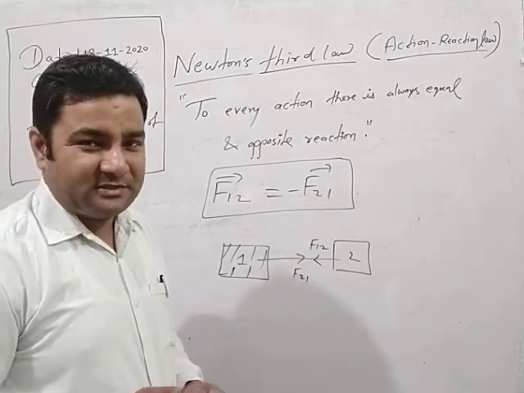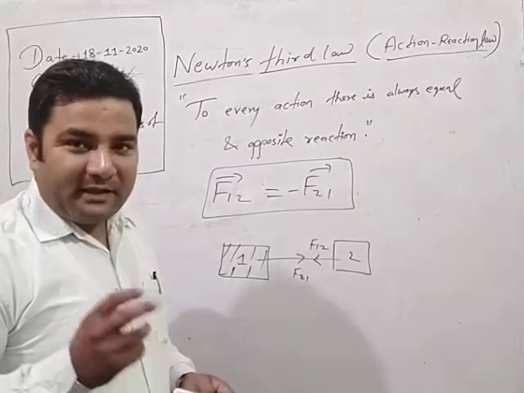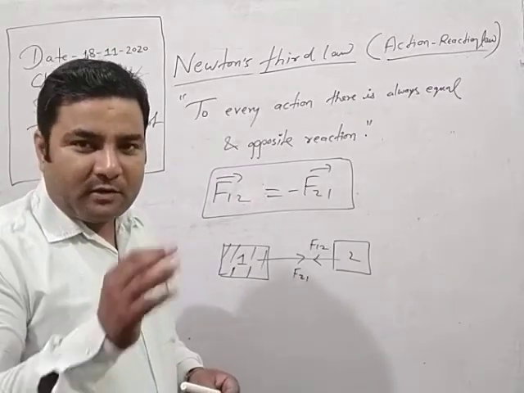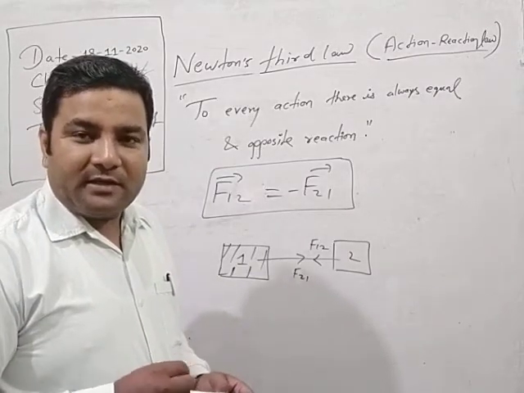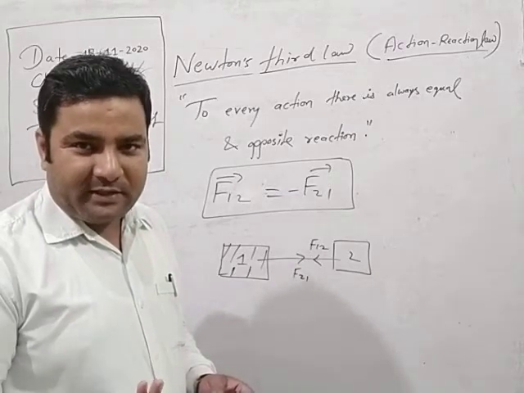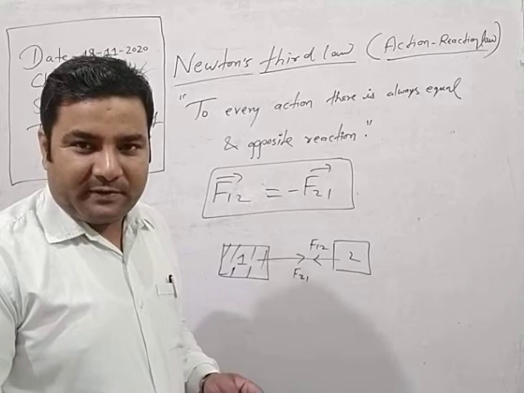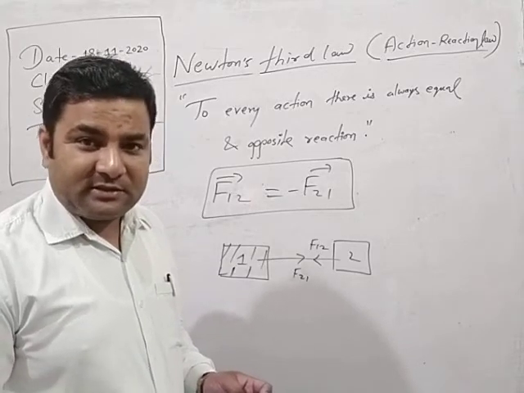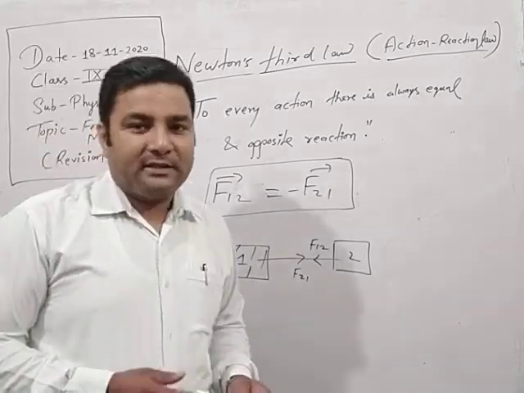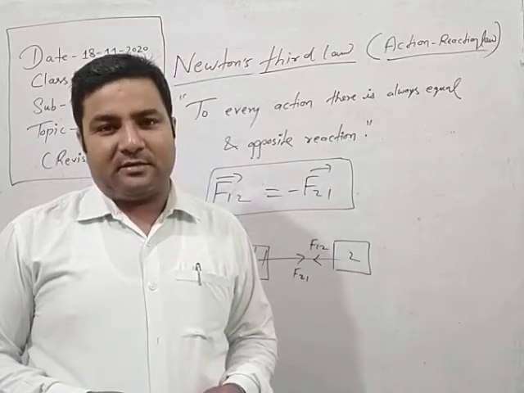There are so many applications of this law. By this law we can walk. When we are walking, we apply force on the earth's surface using our feet, and the earth applies the reaction force. Then we can move. Otherwise we can't walk.